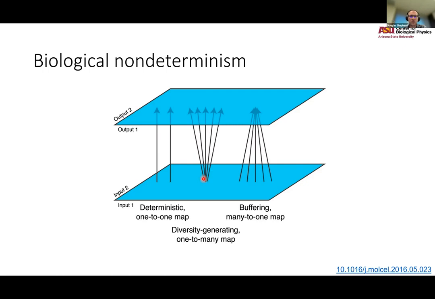The population is going to generate a wide variety of responses because evolutionarily, this is found to be advantageous for the population to survive. Or you might have buffering where a wide variety of inputs all lead to the same output. Here it could be evolutionary: if any of these is seen, the population has to respond the exact same way, otherwise the fitness goes down. I really try to think about it in this way instead of anthropomorphizing the system and saying it's making decisions; these are chemical reaction networks that have evolved over time to act in a certain way.